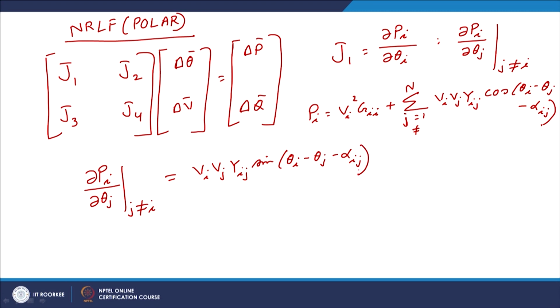Now, in this expression Vi is non-zero because this is the bus voltage, Vj is non-zero, theta i is non-zero, theta j is non-zero. But then Yij can be 0. Yij is nothing but the magnitude of the ijth element of the Y bus matrix, and we have just now seen that depending upon whether any line is really connected to another bus or not, this element Yij may be 0, may be non-zero.